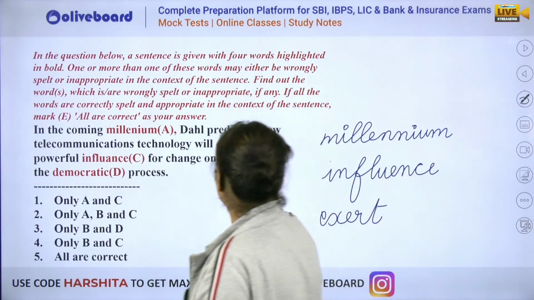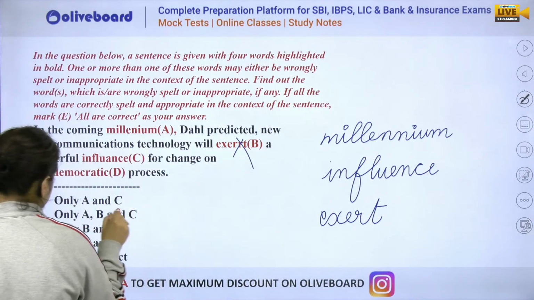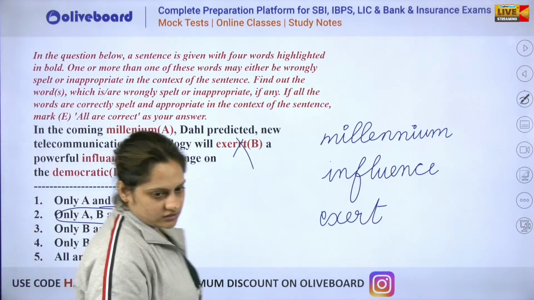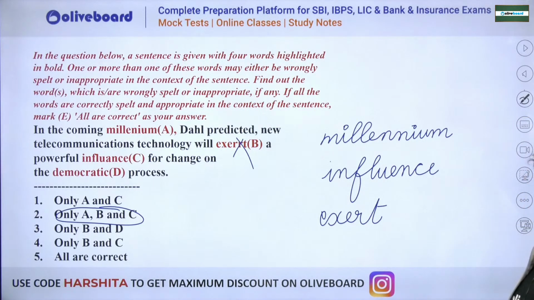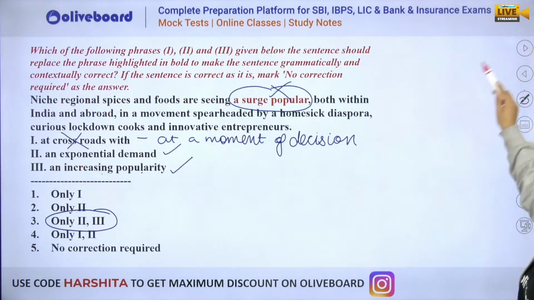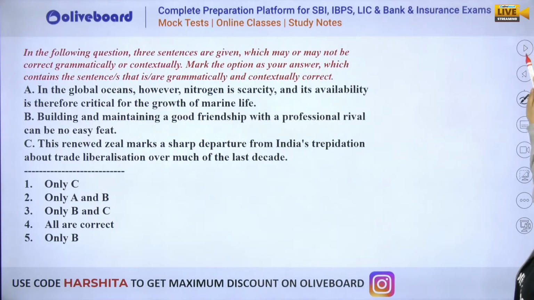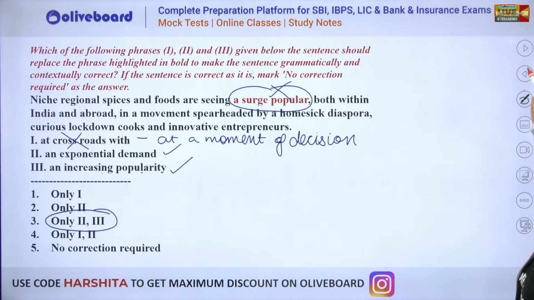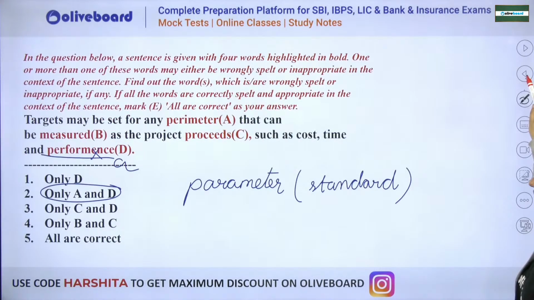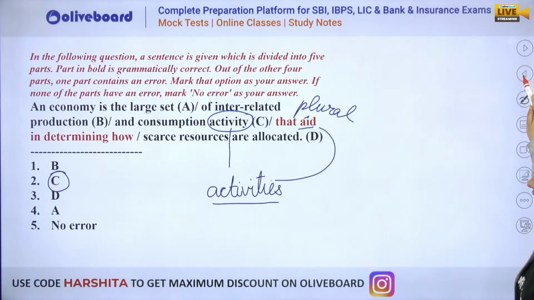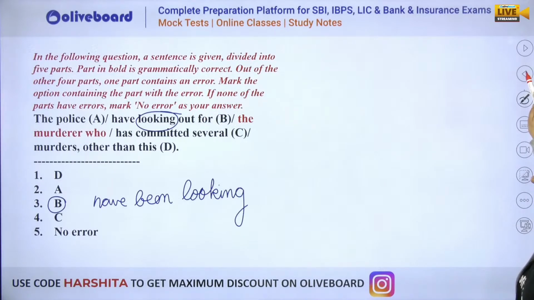So exert a powerful influence. It should not be double R. So all A, B, C are wrong. Exert, millennium, influence. These are the 3 spellings. Only these many. 1, 2, 3.